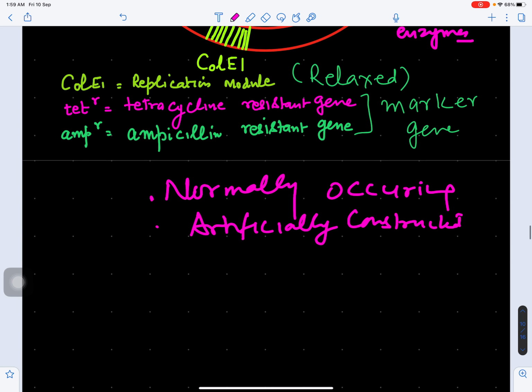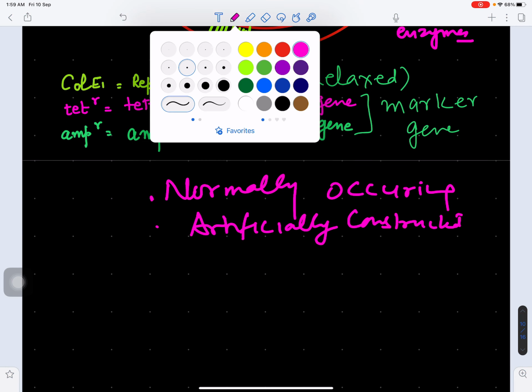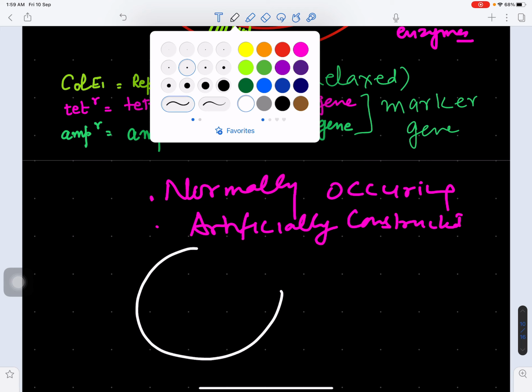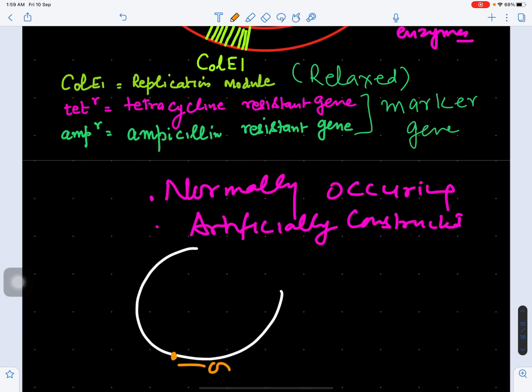As for how a plasmid is used, if we make a plasmid like this, it has a point called the ori point, that is the origin of replication. Now this plasmid is cut at these points. When it is cut, we can insert DNA into it, and then it is joined with the help of various enzymes.